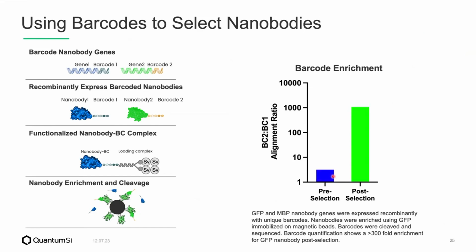So this change from approximately 3 to 1 pre-selection to approximately 1,000 to 1 post-selection represents a 300-fold enrichment of the GFP nanobody barcoded on barcode 2, and demonstrates the potential of these peptide barcodes, enabling the ability to select and screen for novel binders or different protein engineering candidates within complex mixtures.